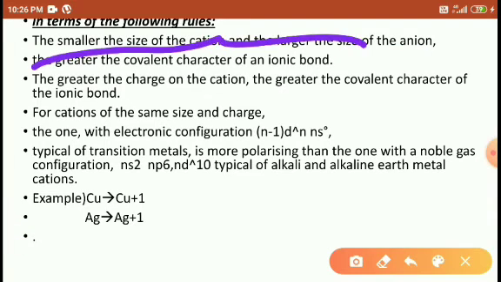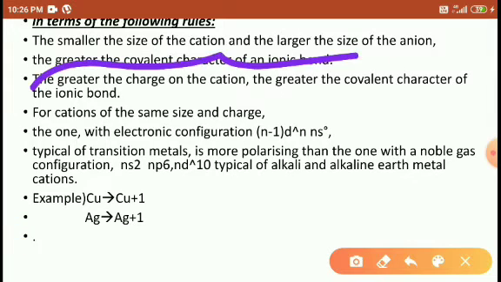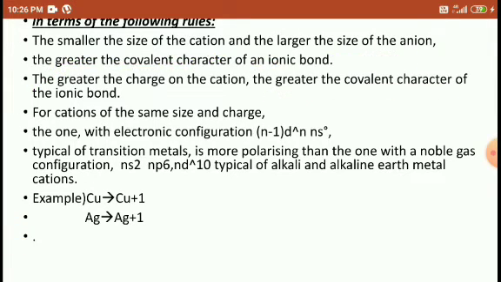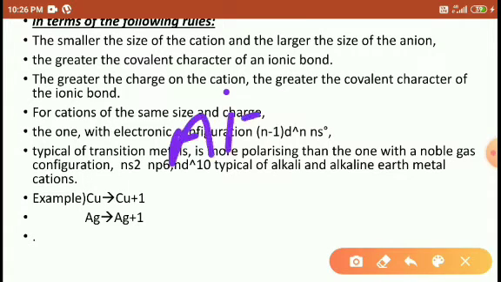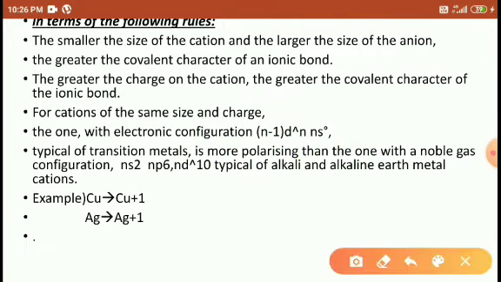Greater covalent character of the ionic bond: the greater the charge of the cation, the greater the covalent character. Al plus 3 has a greater charge than Na plus, so greater charge, greater covalent character.